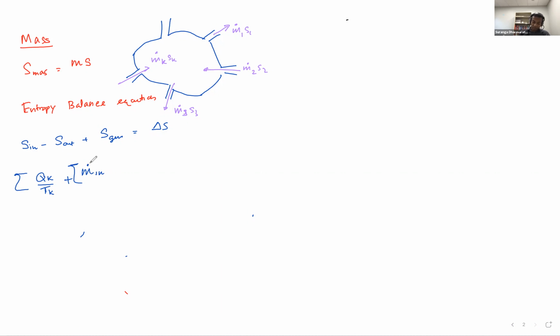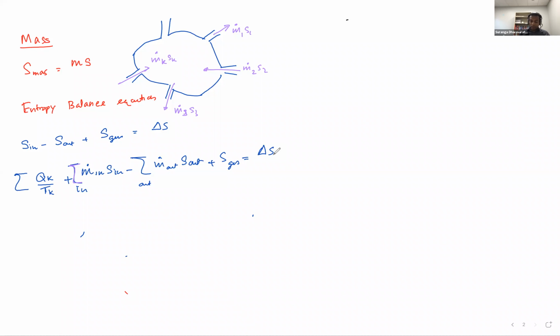So we can add all the ins and outs like this. Whatever comes in, we represent by positive m in s in, minus m out s out, for all the ins and all the outs, plus S gen equals delta S of the system.